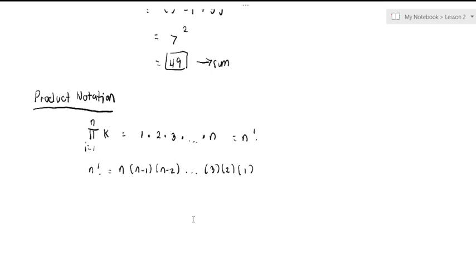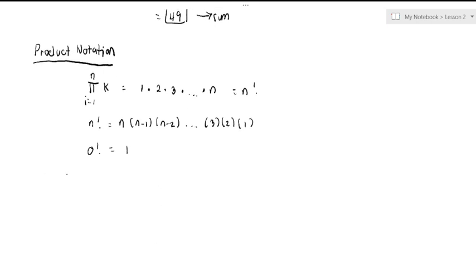Now, let's try our example. So, take note pala, 0 factorial sa factorial notation. So, this is equal to 1. Okay? Now, if we have, let's say, 1 factorial, so this is also equal to 1. And then if we have the product of k, dapat pala k to, no?